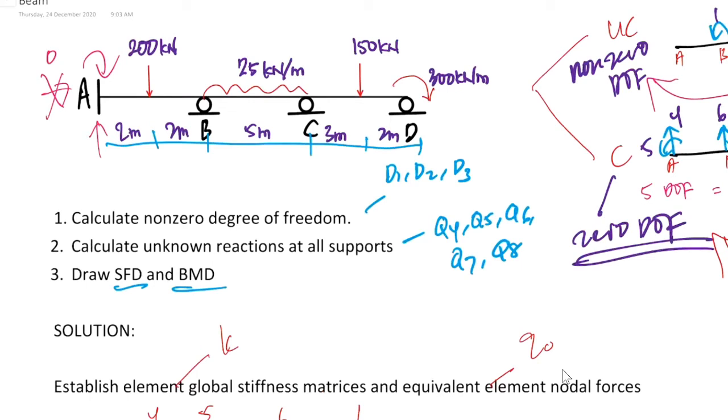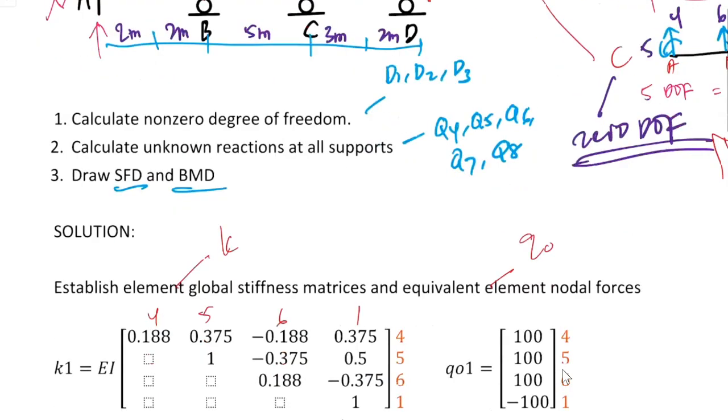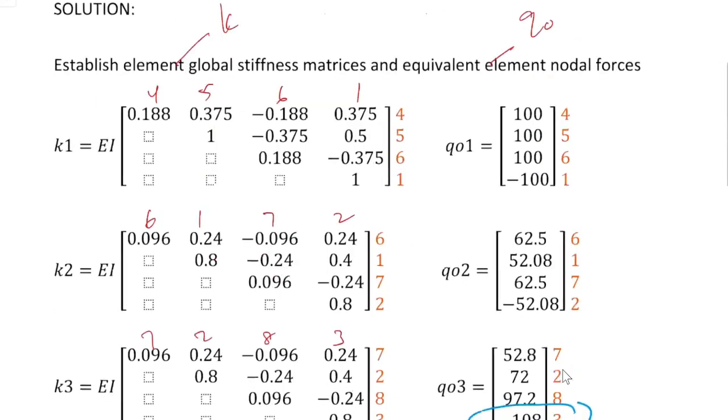Of course, step number one, you need to put the degree of freedom, according to the unconstrained and constrained system. The goal that we need to determine is the non-zero degree of freedom or the unknown displacement, and in order to determine that value, we need to establish the element global stiffness matrices K1, K2, K3, as well as the equivalent element nodal forces.